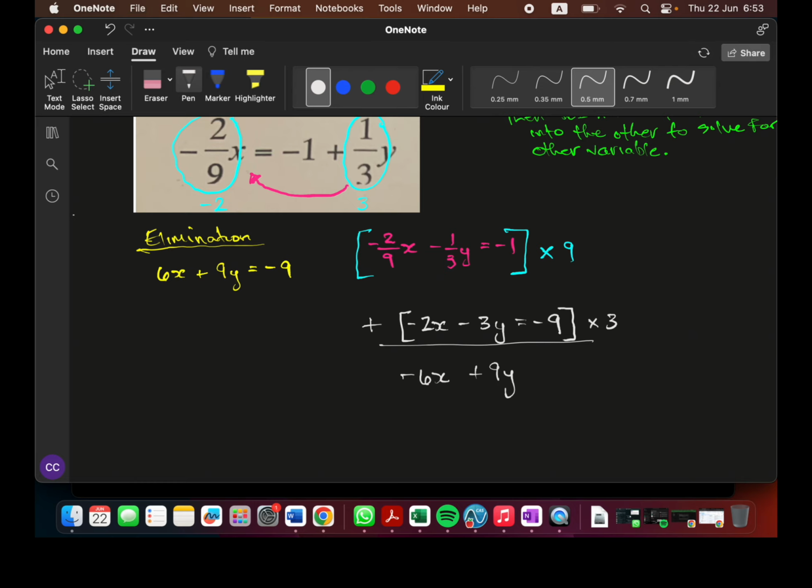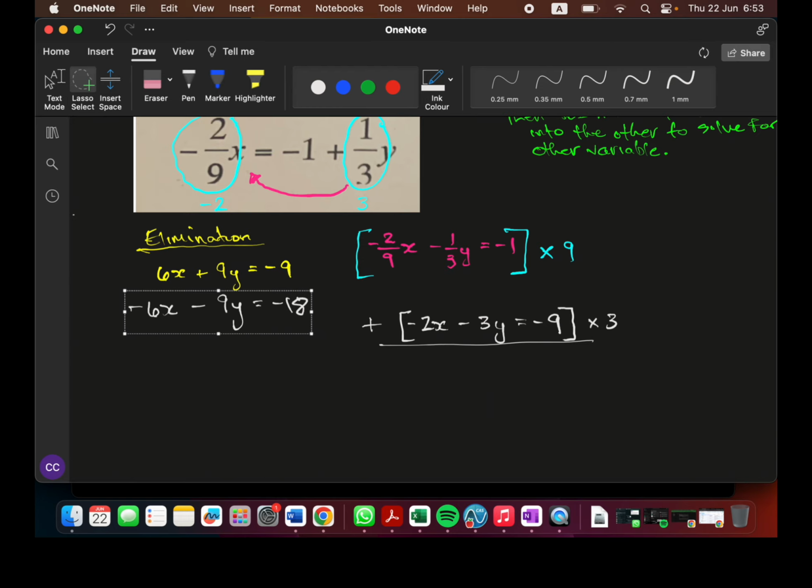Sorry, that's minus 9y. Minus 9y is the same as -18. Now, I can bring this back in, and I'm just going to add the two together and see what happens.